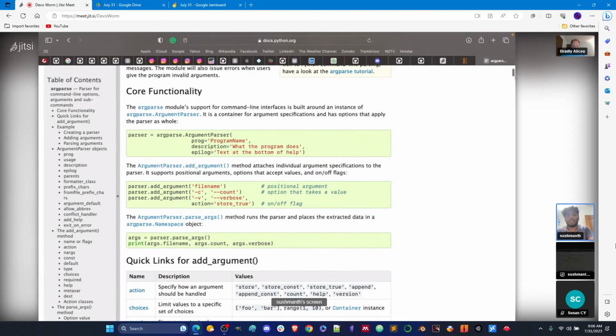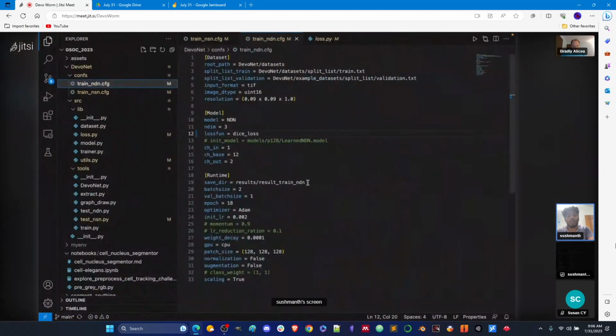We can keep everything we need in a file and those will be taken as command line arguments. If someone wants to use DevoNet, they just need to change the parameters here and run one line of code. It will train completely by itself. So that was my implementation.